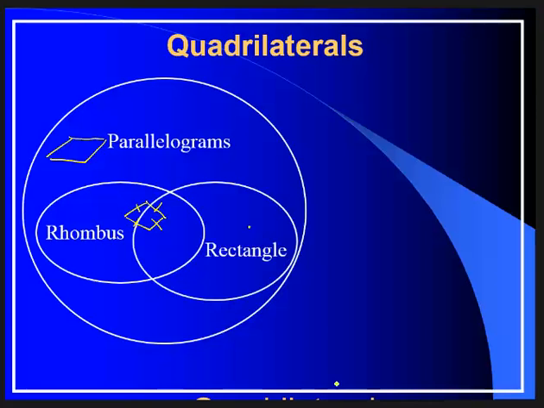Some parallelograms are rectangles, where they have different length sides, opposite sides, but all the angles were right angles. Then our rhombus and our rectangle overlapped to form a figure where all four sides are the same and all four angles are right angles. What was that called? A square.